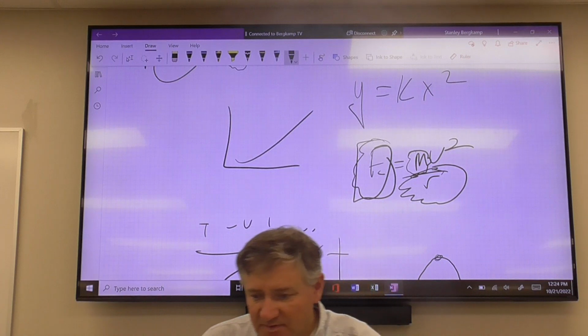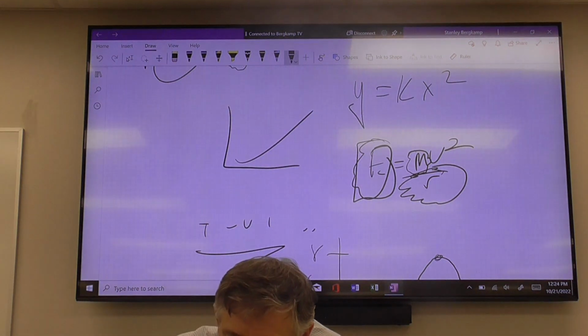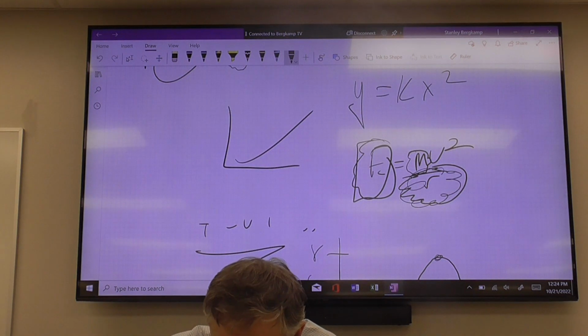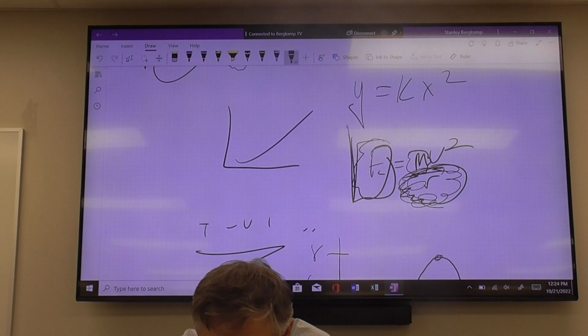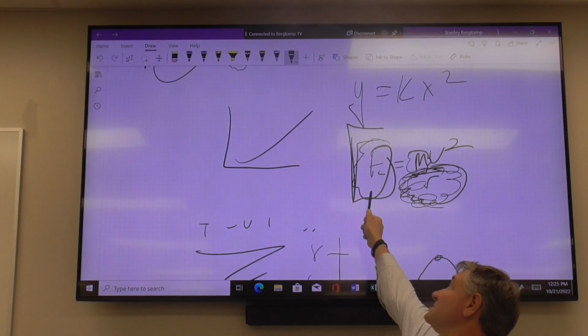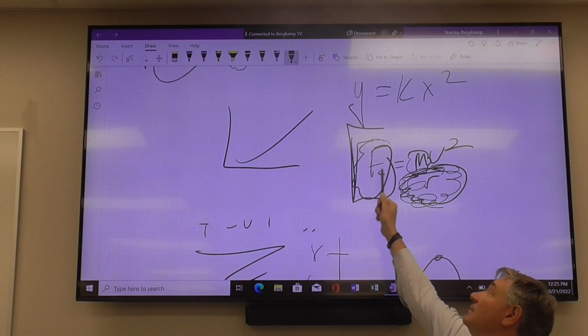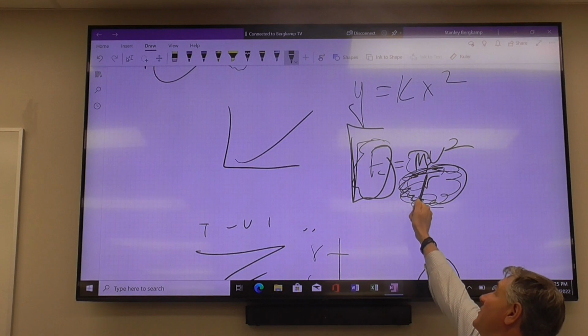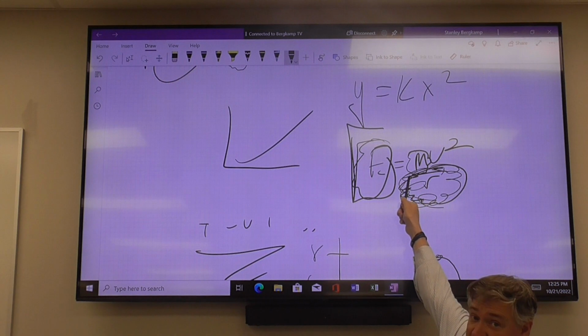Now, here's the deal. Think this through. I'm going to make the radius bigger and bigger and bigger. As my radius gets bigger, keeping in mind that my centripetal force is the same, this number is staying the same. And the mass of the stopper stays the same.